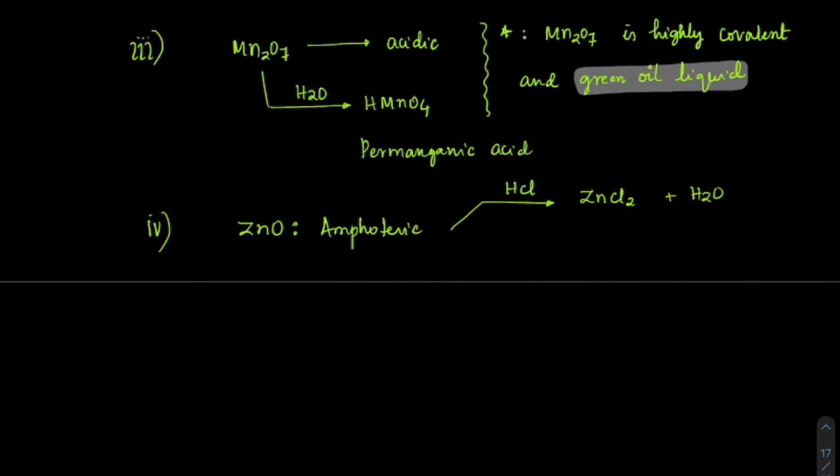So it is an acid-base reaction. And if you treat that with NaOH, it will become Na2ZnO2, which is sodium zincate. That is how it acts like an acid as well as a base.